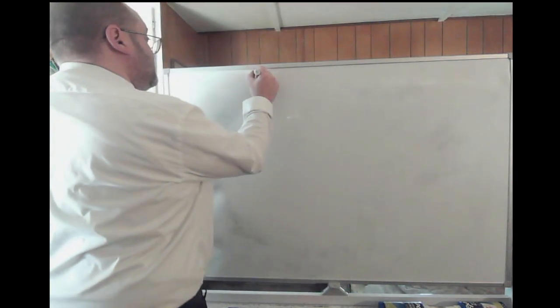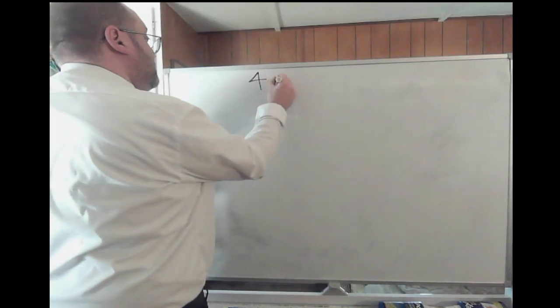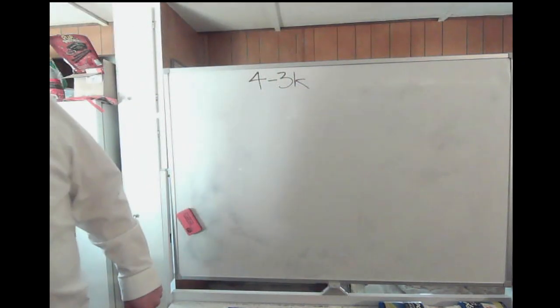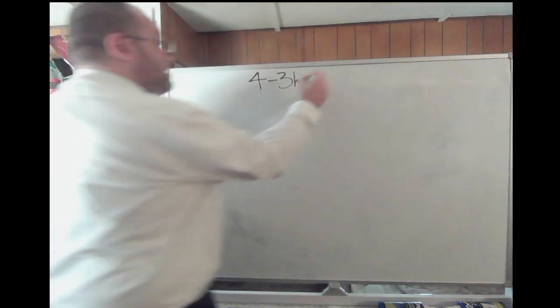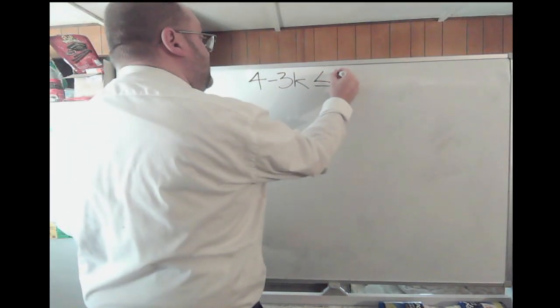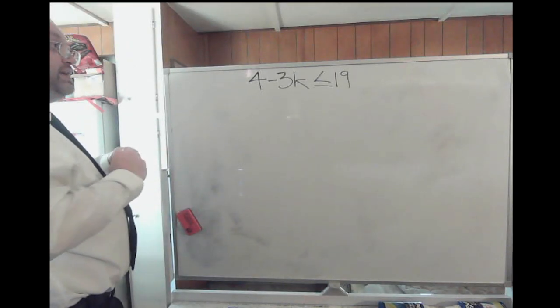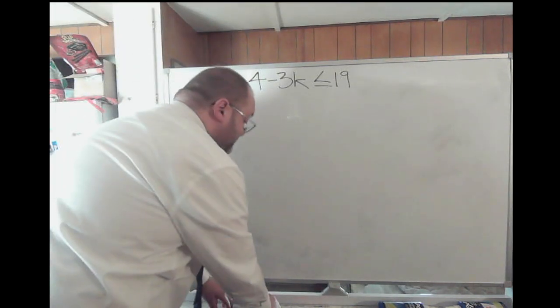Alright, so this is a little bit different. We have 4 minus 3k is less than or equal to 19.